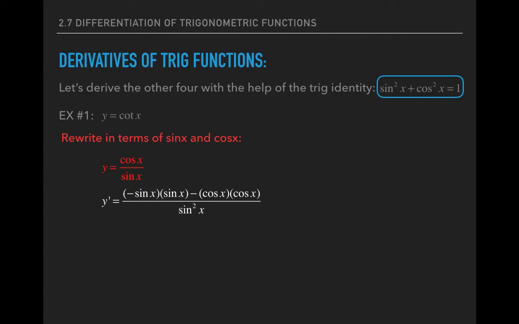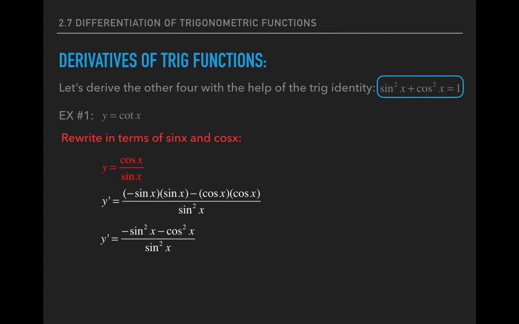Now using the quotient property, the derivative of the numerator is negative sine x times the denominator, which is sine x, minus cosine x, that's the numerator, and the derivative of your denominator is cosine x as well, all divided by sine squared x. When we simplify, you'll have a negative sine squared x minus cosine squared x, all over sine squared x.